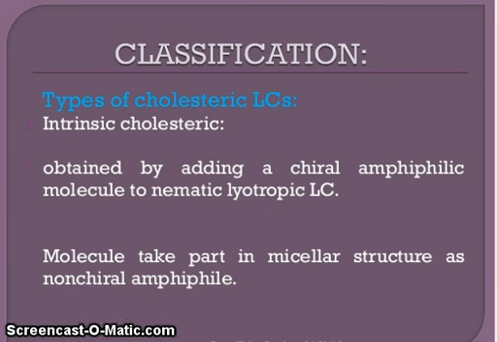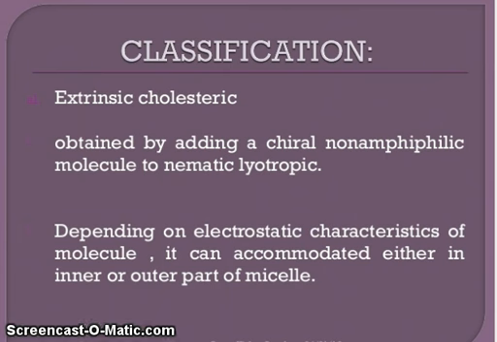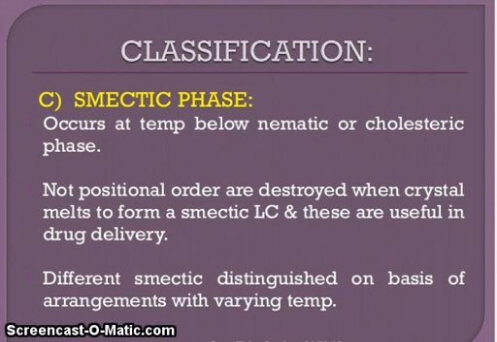Molecules take part in the macromolecular structure as non-chiral amphiphiles. Depending on the electrostatic characteristics of the molecules, it can accommodate them either in the inner or outer parts of micelles.